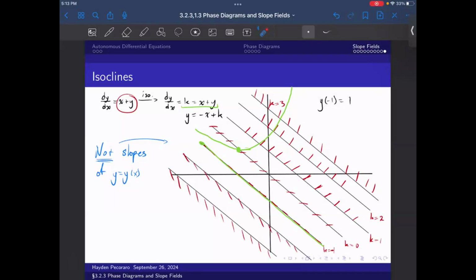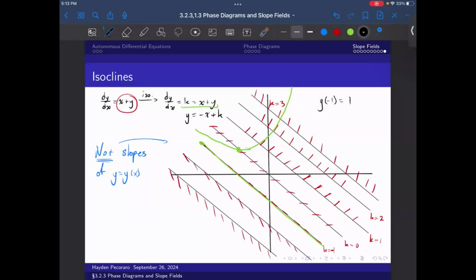Yes, exactly. You can use isoclines by picking that value k, and then using the tangent lines there as a starting point for how to draw the graph. And then as you go along, you just start following the rest of the isoclines.